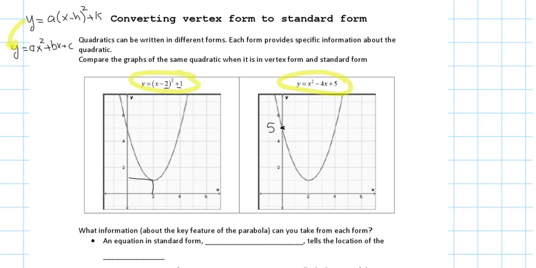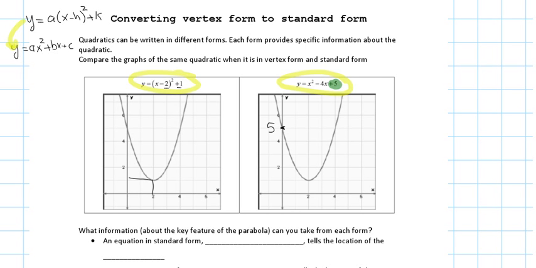A, B, or C? C. And that's always going to be the case. When it's in standard form, the number that does not have a variable, which is c, is your y-intercept.